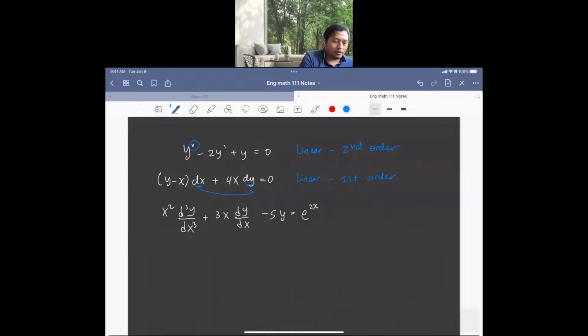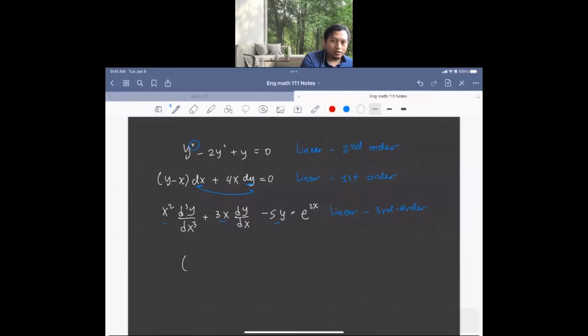And the third part, nothing wrong with this one either. Everything is clear, not really having any trouble finding any nonlinear terms. So it's linear, third order.